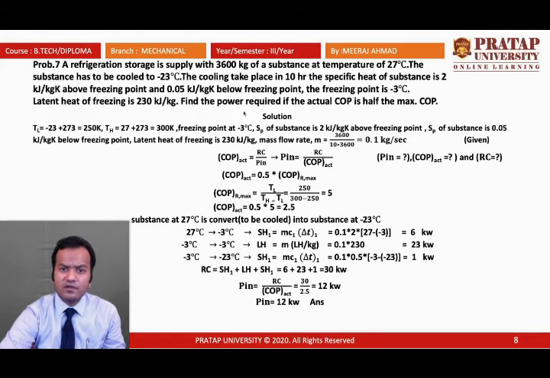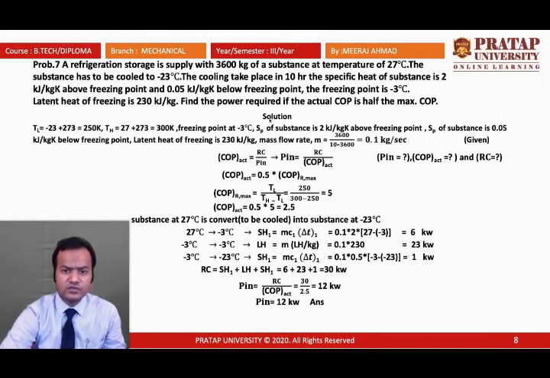Find the power required if the actual COP is half of the maximum COP. So for this system you have to find the actual COP and the power required. The actual COP is half of the maximum COP. You have to correct that this is 0.5. Okay.